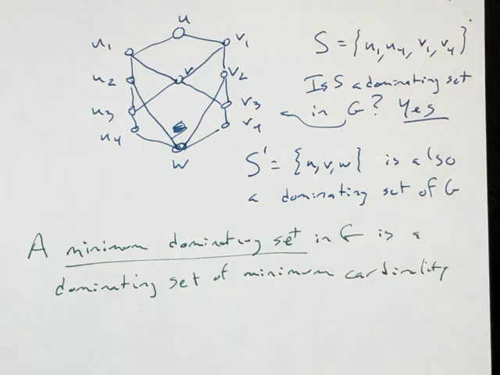Okay. Once I figure out what that minimum cardinality is, just like with our edge cover and our vertex cover and our independence, we had a number. Once I know the smallest possible number of vertices needed, I'm going to call that the domination number of the graph.